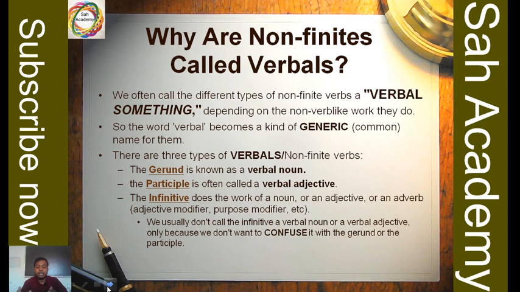So the next part is the infinitive. Infinitives are one of the three groups of non-finite verbs, also called verbals. We shall look at this type of verb from three angles. First, how it looks: its form or morphology. Second, what work it does in a sentence: its function or syntax.